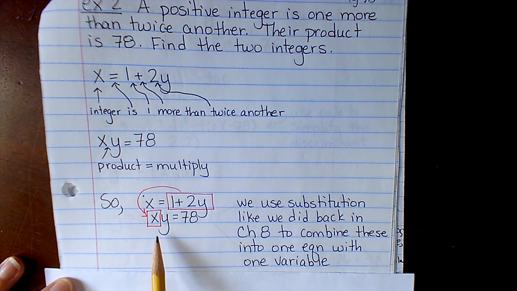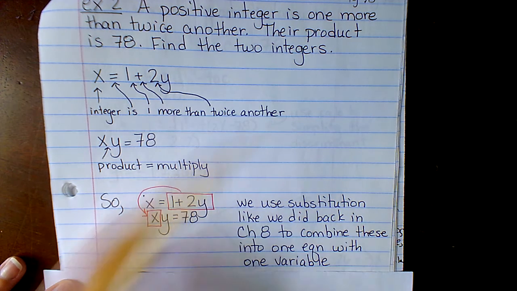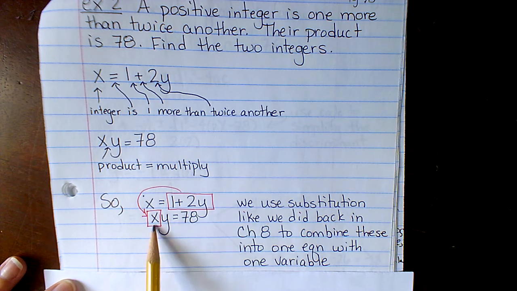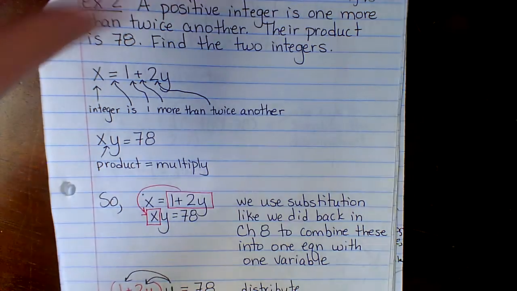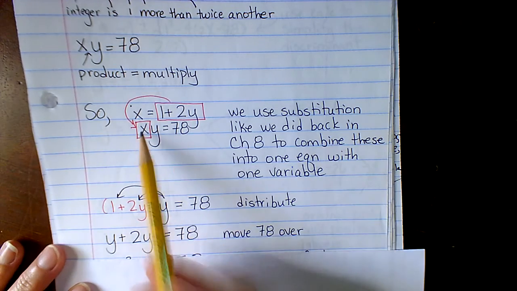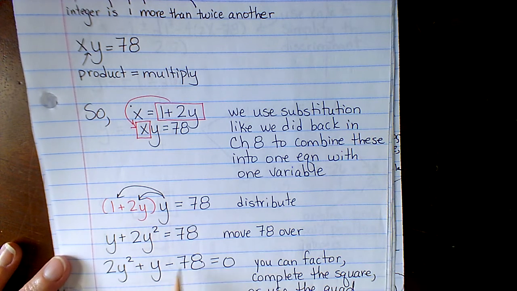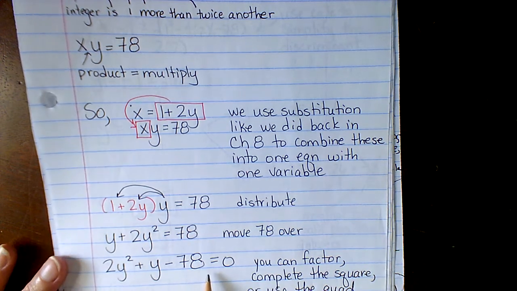So there's my 2 equations, and you guys remember back in chapter 8, we used substitution. So look, this one's already solved for x, so I'm going to substitute that into there, sticking with my same color scheme as before. I substitute that in for x, and then I'm going to distribute out that y. I'm going to move that 78 over. Now it's in standard form.